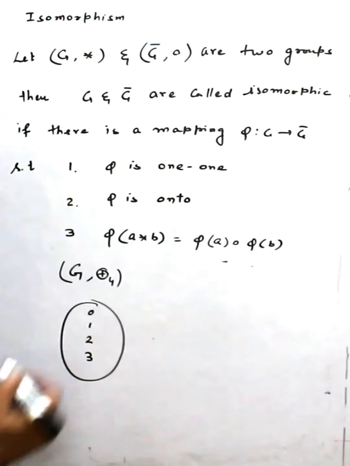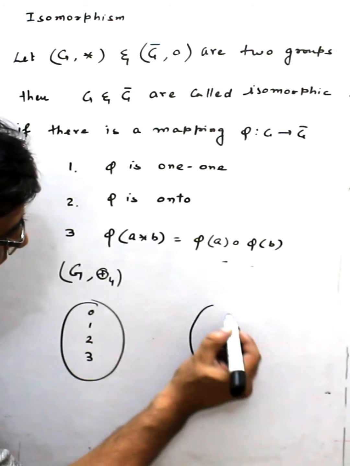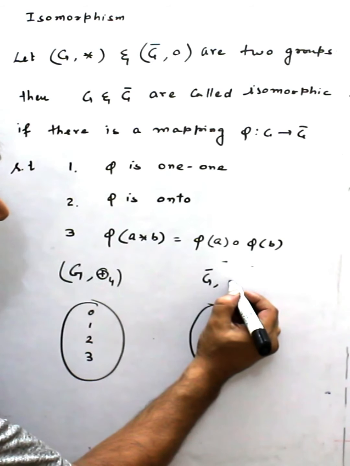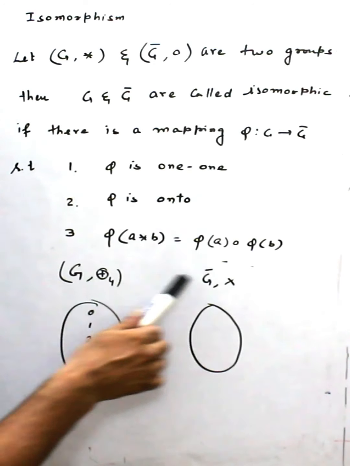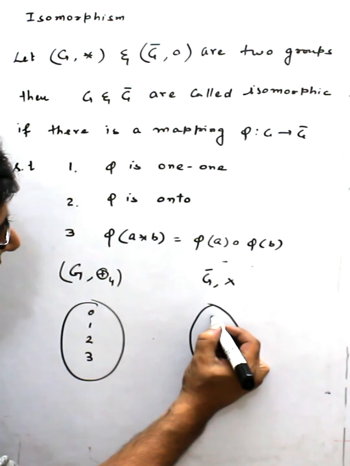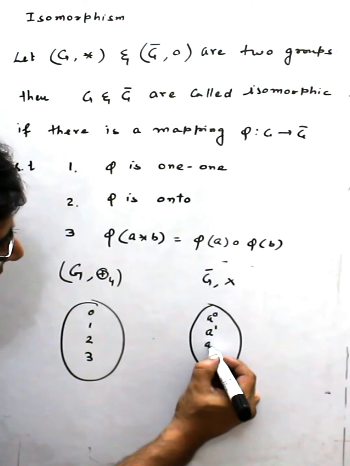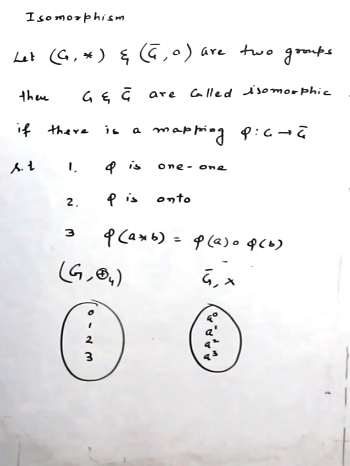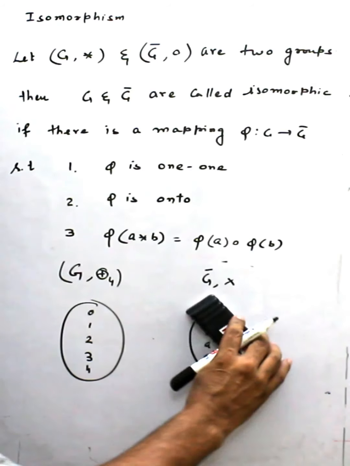So this is a group, addition modulo 4, and here G bar, the operation I take is multiplication, here is addition modulo 4, and I take A0, A1, A2, A3, right? One more element A4.